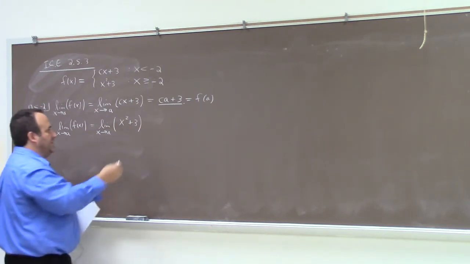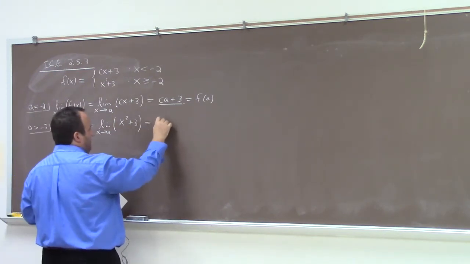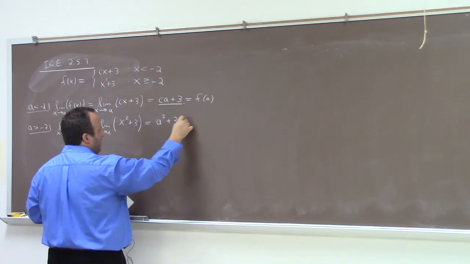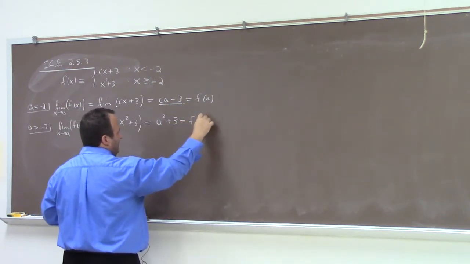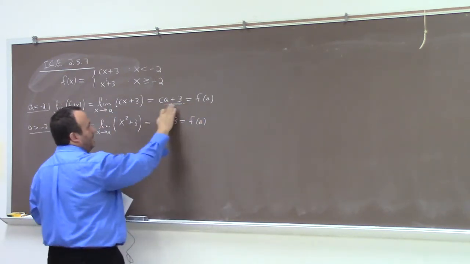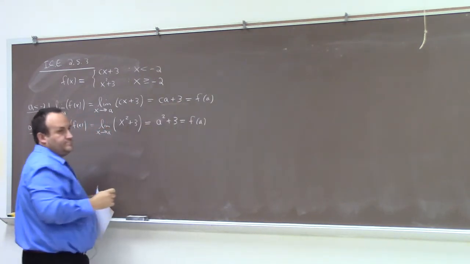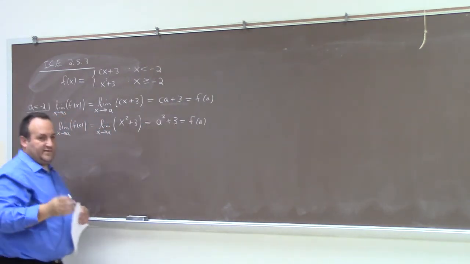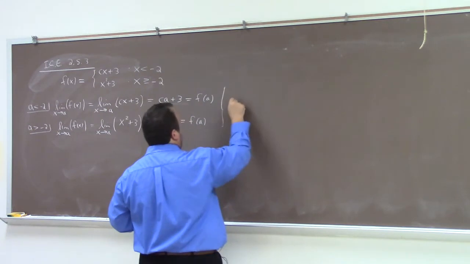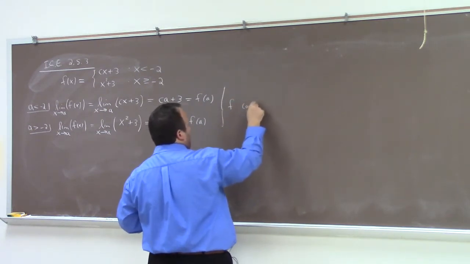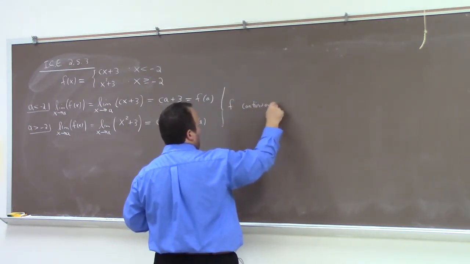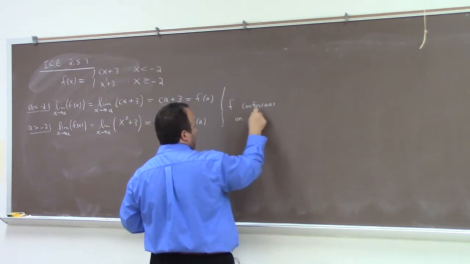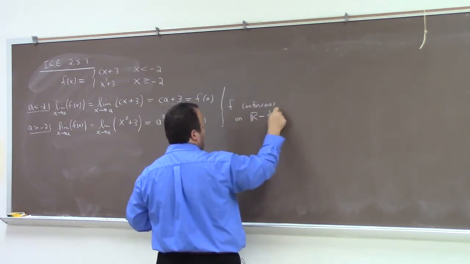So we can use the limit laws, and we get a squared plus 3. Of course, that is f of a. So let me summarize. F is continuous on the reals minus the set containing minus 2.